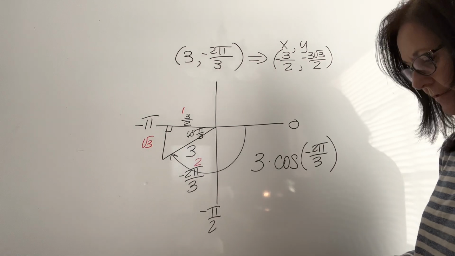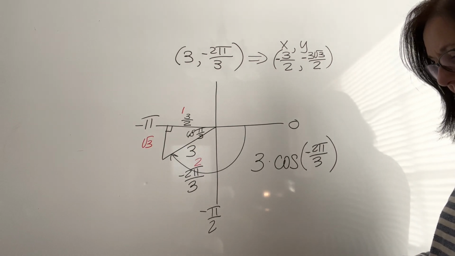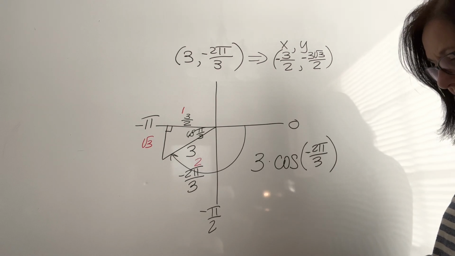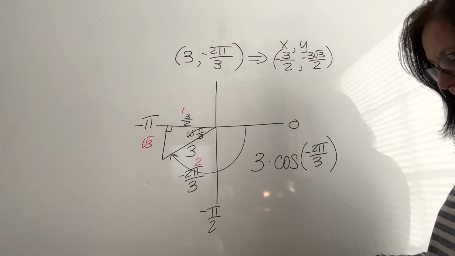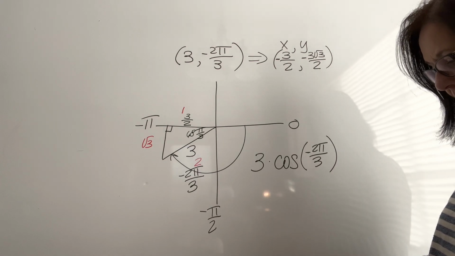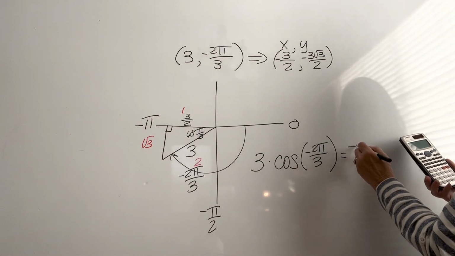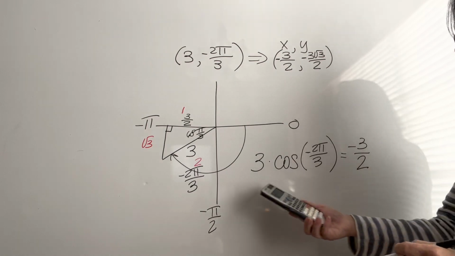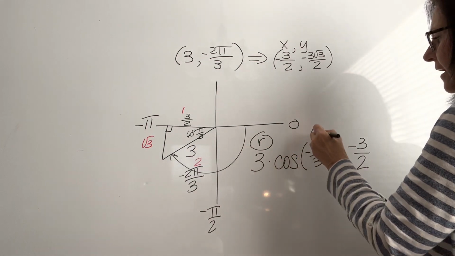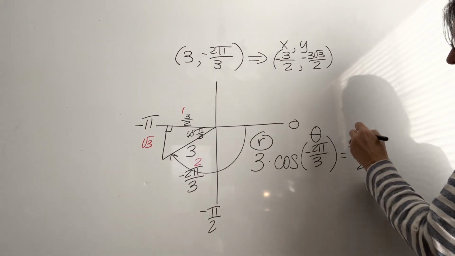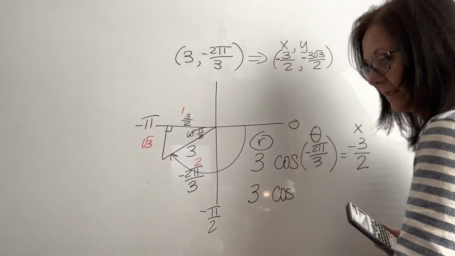Let's do that in our calculators. 3 times the cosine, negative 2 pi over 3. And it does give you negative 3 halves. So it's the r value, r times the cosine of theta, that is going to give you the x value. The r value times, not cosine, the sine.